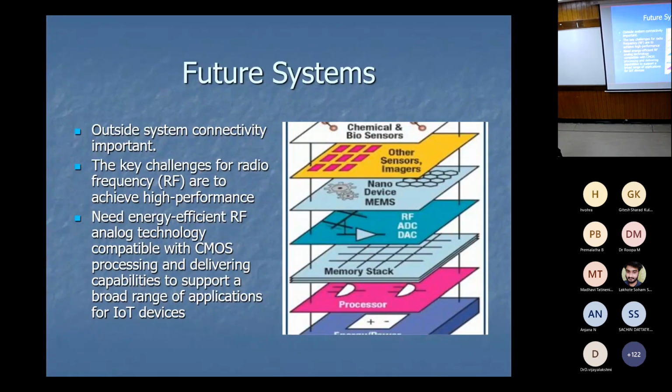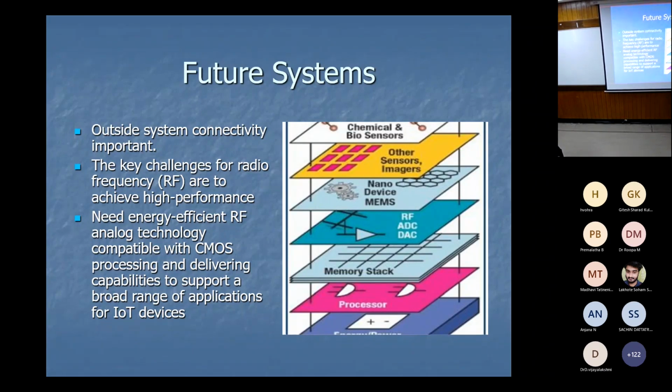Then outside system connectivity, again, brings newer technologies and newer integration techniques. How do you stack them and interconnect them? There can be many stacks, many layers you can keep stacking to make a solution possible. Again, each of these, as I said, can be a challenge in its own.